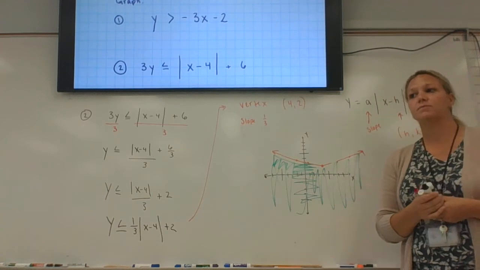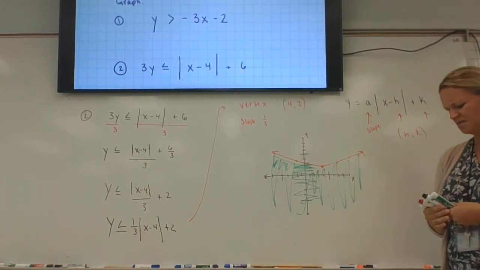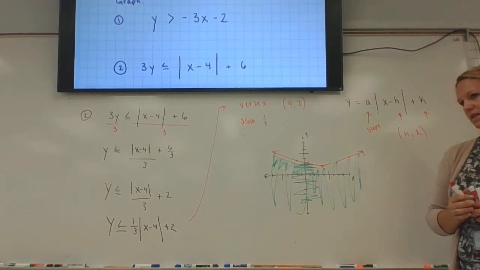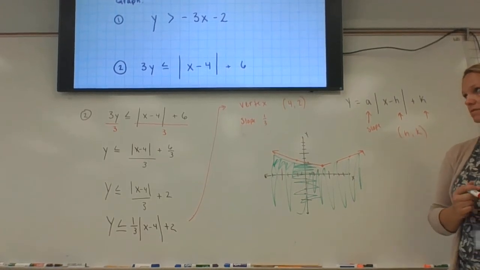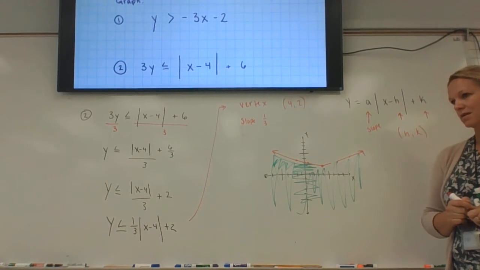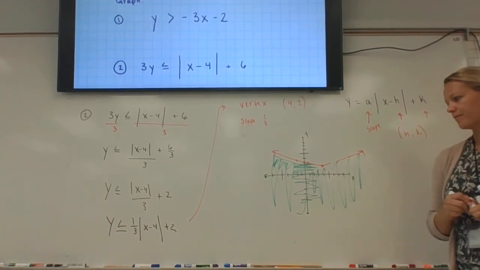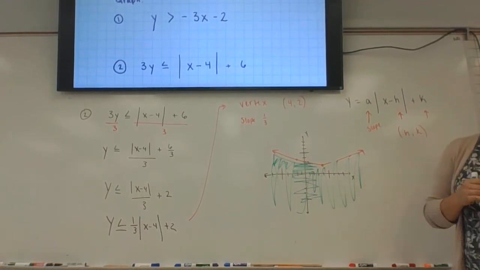You could do a test point and it'll come out true. Let's do it. I'll go with Alexis. Pick a test point, a point that's going to make the absolute value inequality true. Pick a point that would make that inequality true.